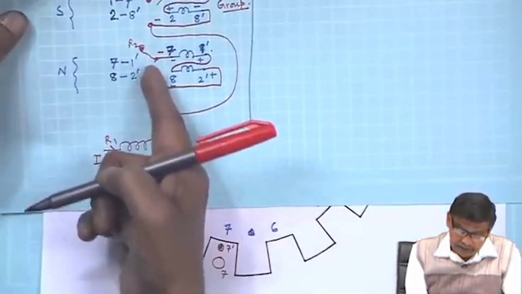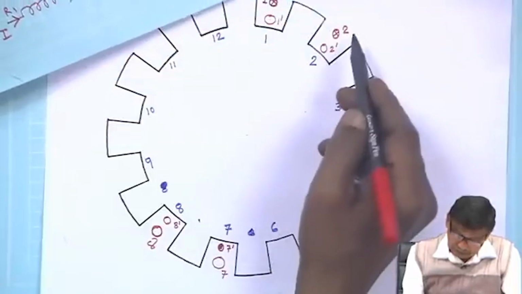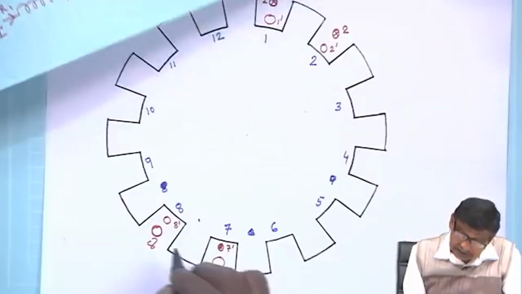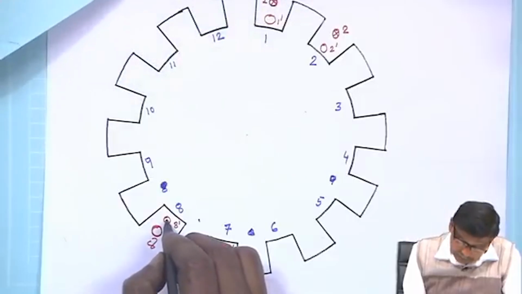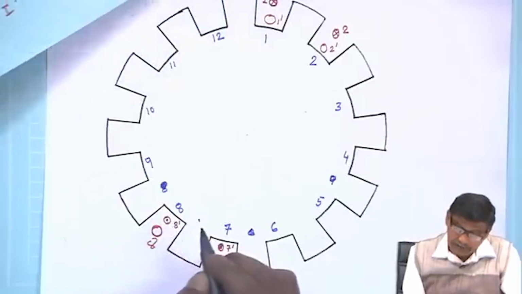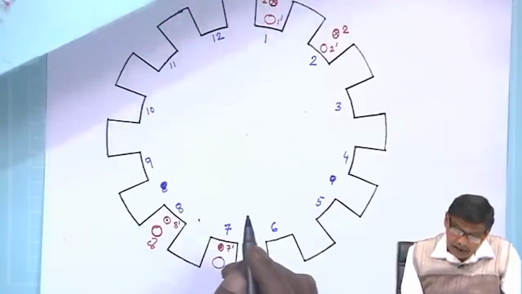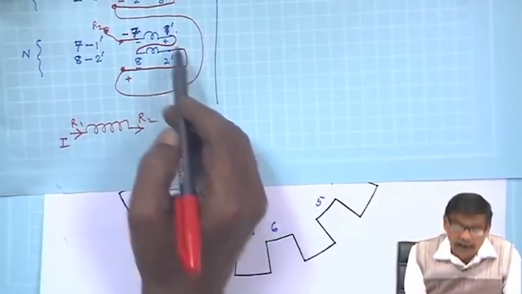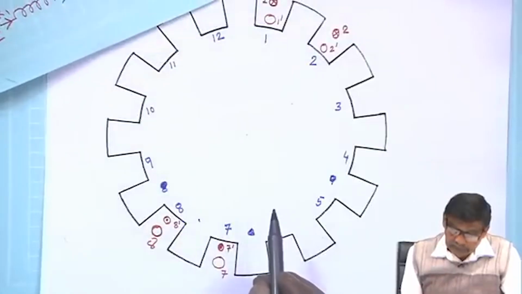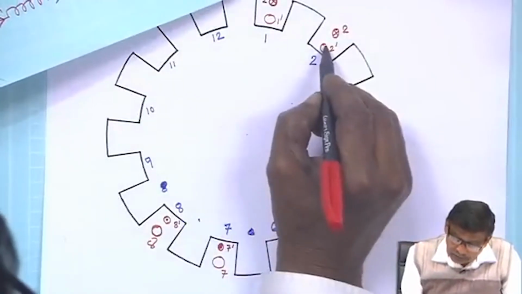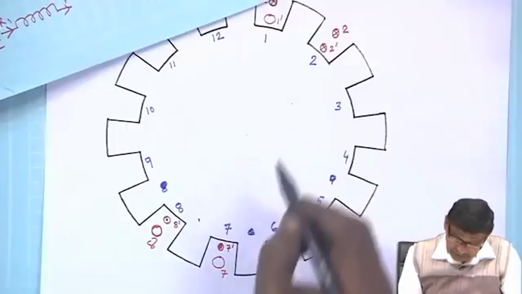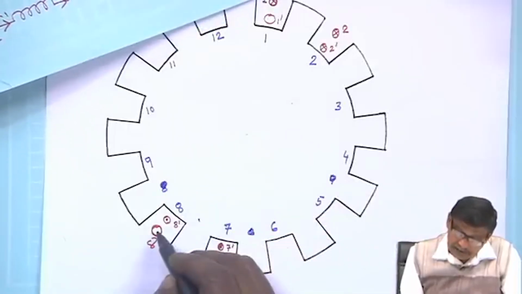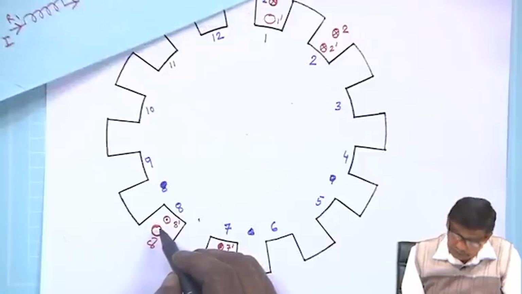Then this 2 will be cross and this 8 dashed will be dot, and then current enters through 2 dashed. So, current entering through 2 dashed is cross and current comes out from 8, is it not, 2 dashed 8.